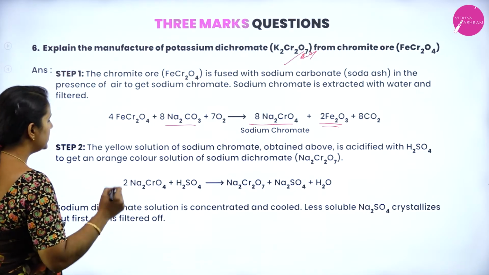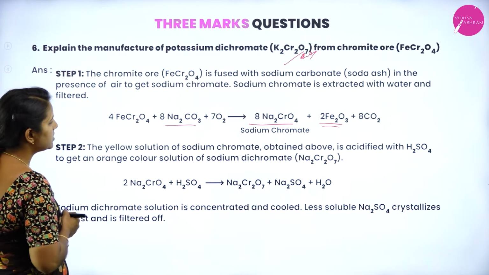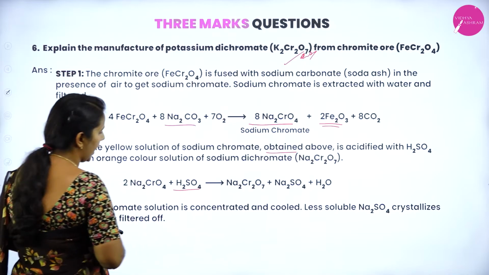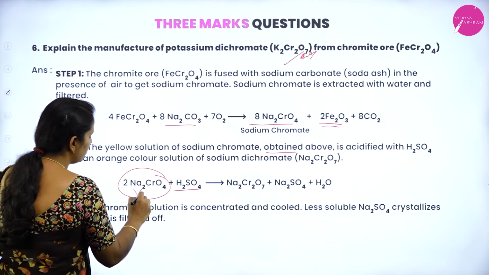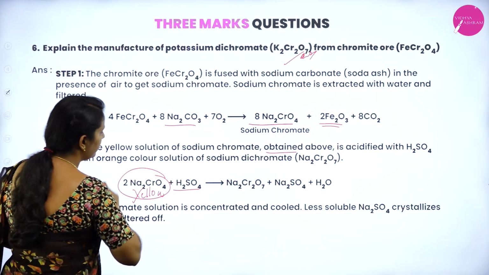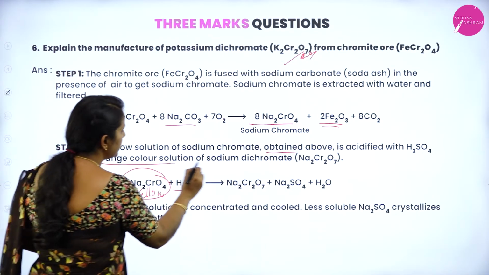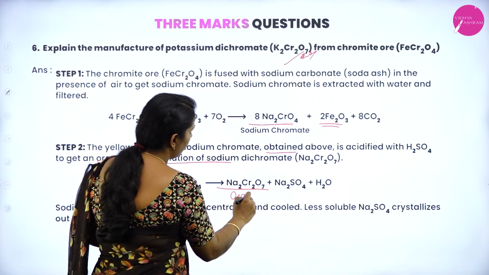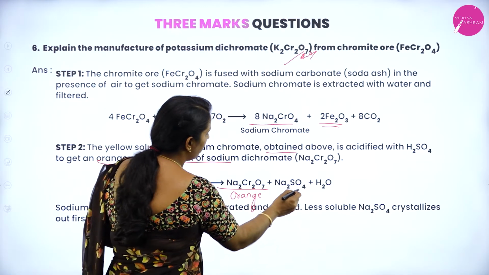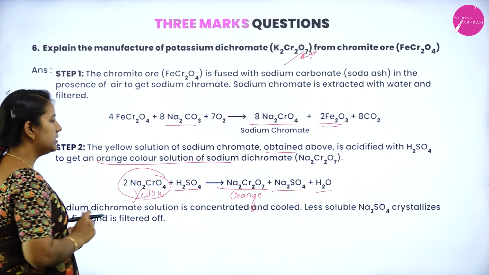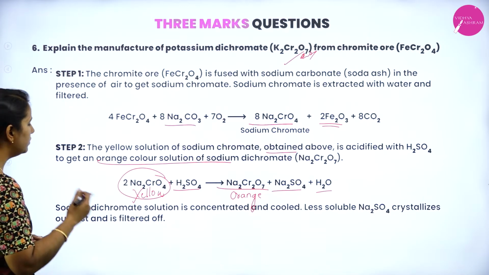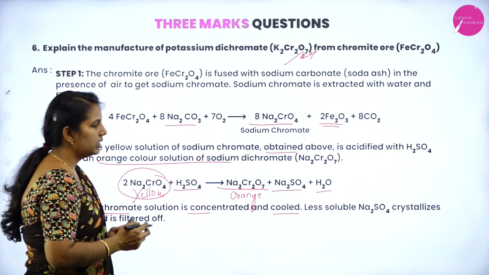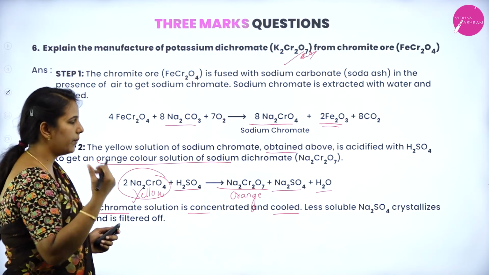In the second step, the sodium chromate, which is a yellow solution obtained above, is acidified with sulfuric acid to get an orange solution of sodium dichromate, with formation of sodium sulfate and water. The sodium dichromate solution is concentrated and cooled, and since it is less soluble than the sodium sulfate, it crystallizes out.